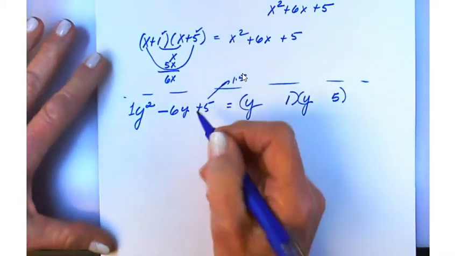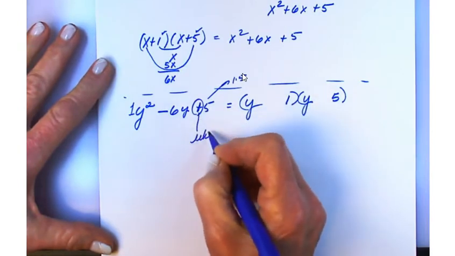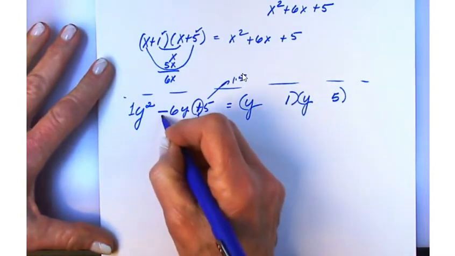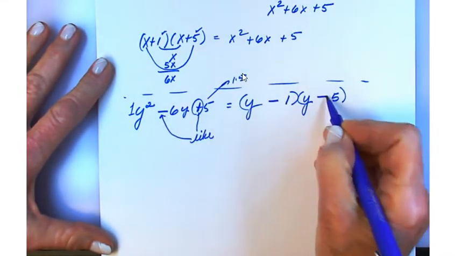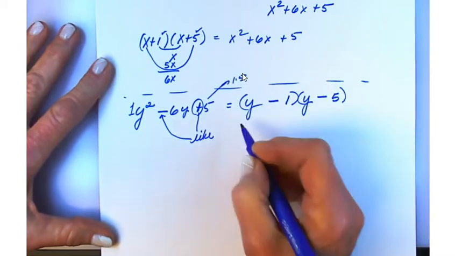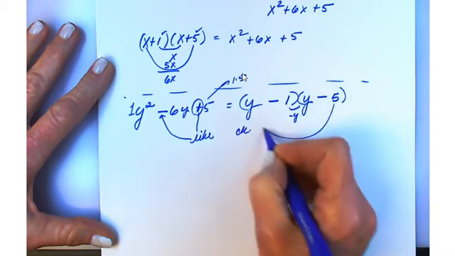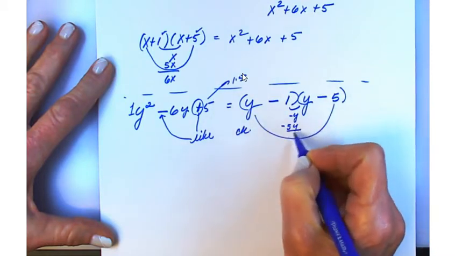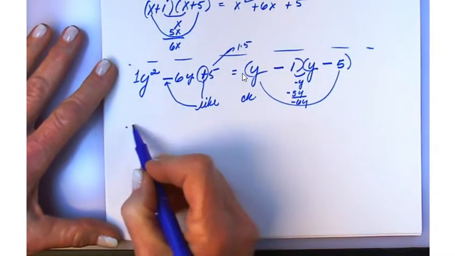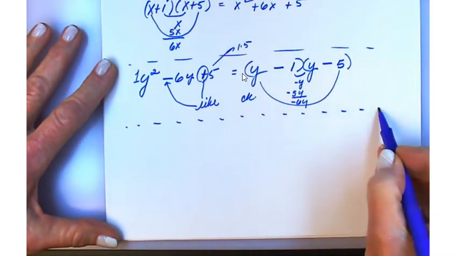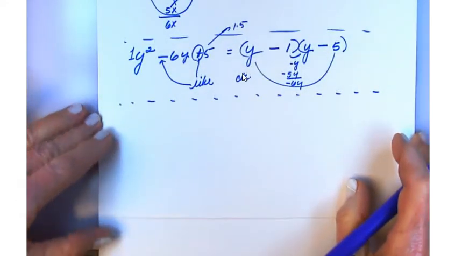But now this tells me the signs are like. Then I look at the middle sign, and that tells me I have two negatives. Let's do a check. Minus y minus 5y gives me minus 6y, and it does check. I'm going to go very slowly because factoring trinomials is so important.